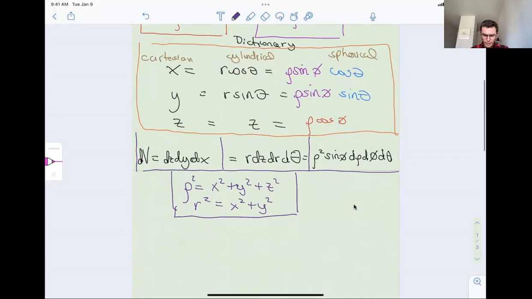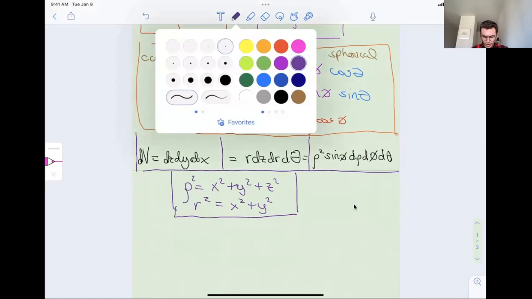Okay, so let's find the volume of a sphere of radius r.